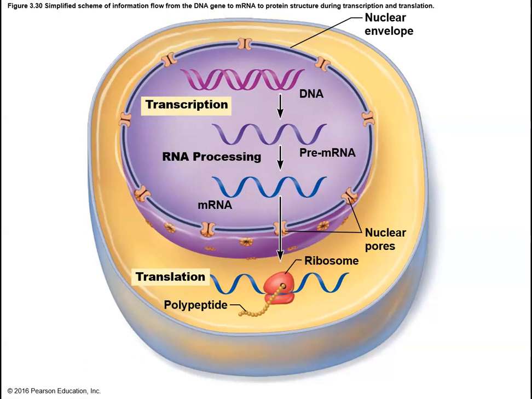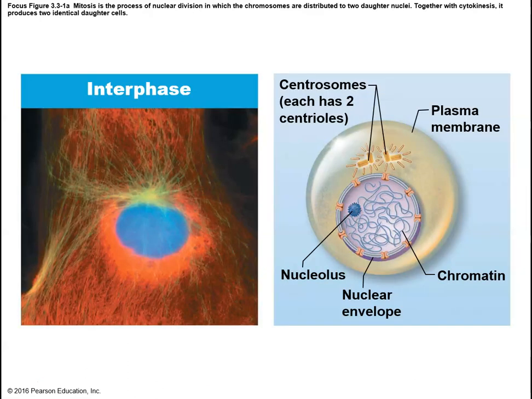So it's got minor modifications of replacing T's with U's. Translation goes from one language to a completely different language. So that's going to go from the genetic language of the mRNA to the protein language of the finished protein. So there are much more significant changes that occur here. Let's actually take a look at that.